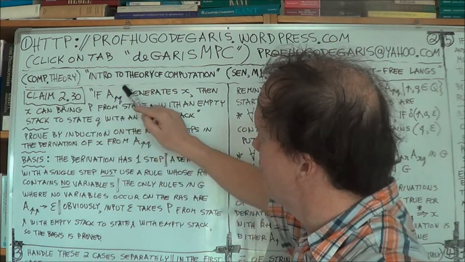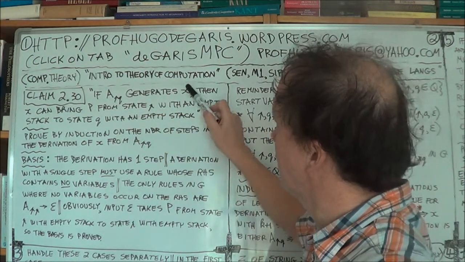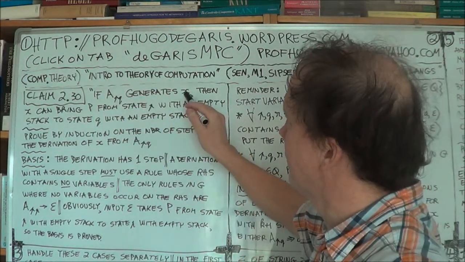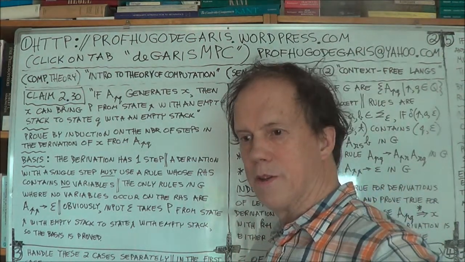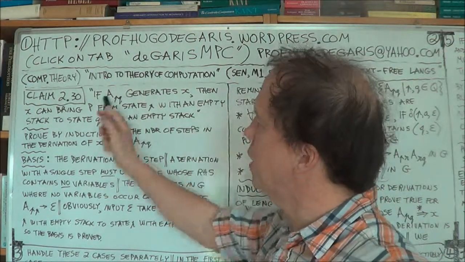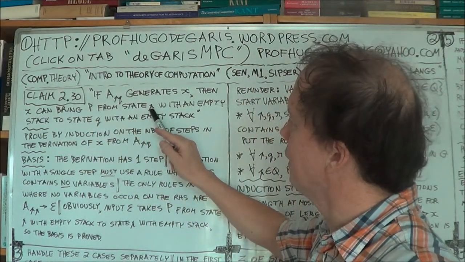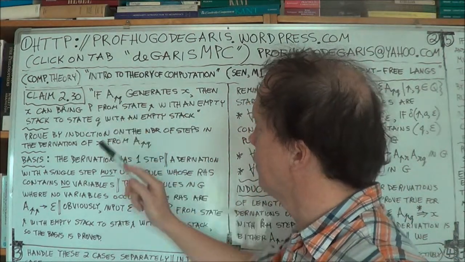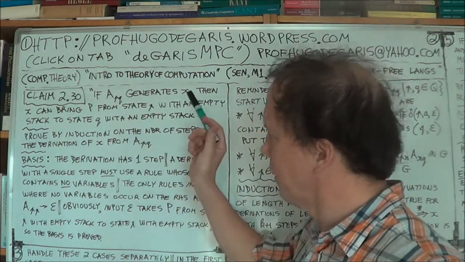So now if this variable generates x, in other words, you can derive x from this variable, okay? Then that same x, what is x? Well, it's just a string of symbols. Right? That same x, when you put it into the machine, the automaton, where the machine is in state little p, then the machine will end up in state little q, and in both states with an empty stack.